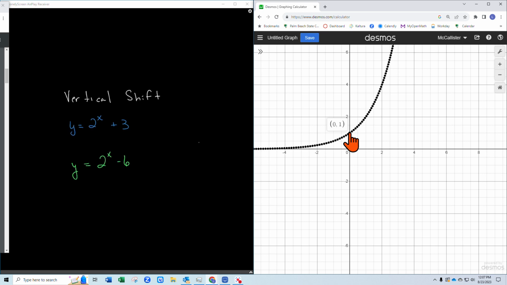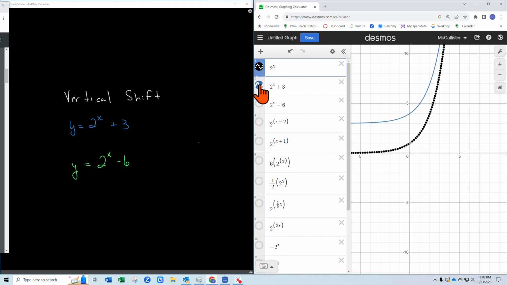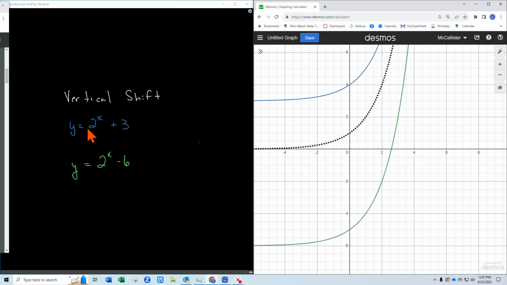Now the first transformation that we're going to talk about is the vertical shift. So let's also add these two graphs inside here. Whenever you have 2 to the x plus 3, what's happening here is this is just moved up 3. Now, the original point that we had was (0, 1), and we are adding 3 to that value, which gives us the point, it's kind of covered up, (0, 4).